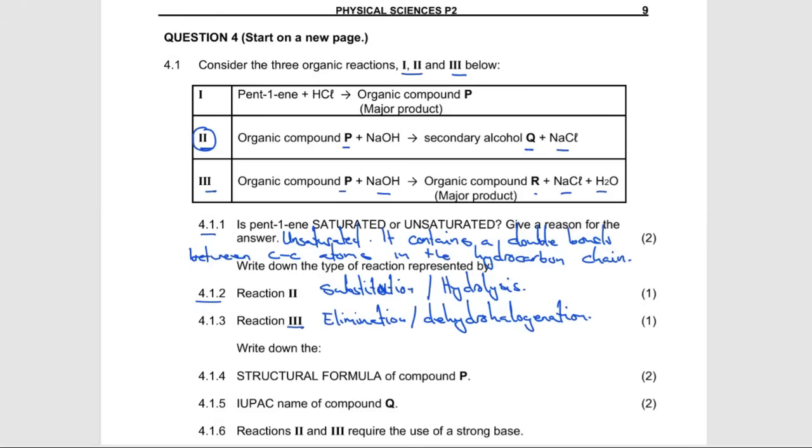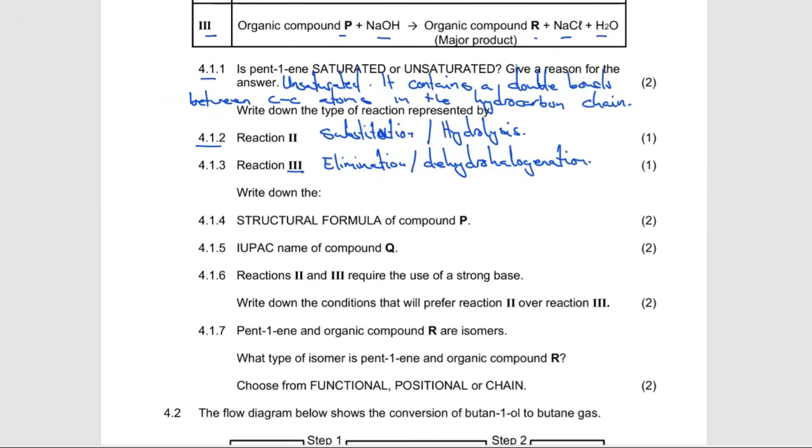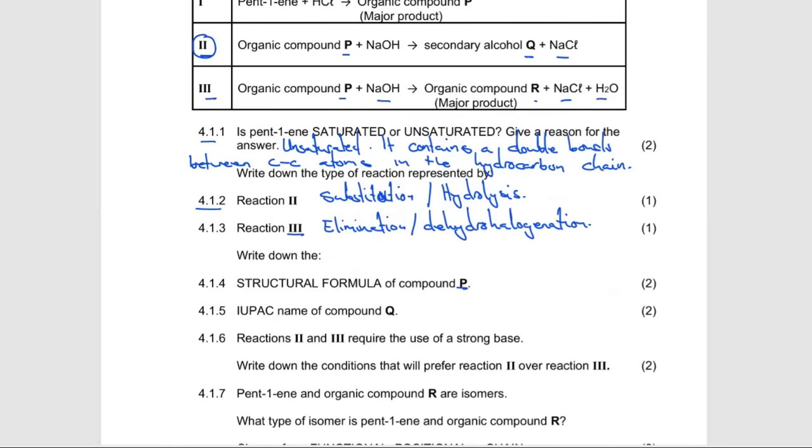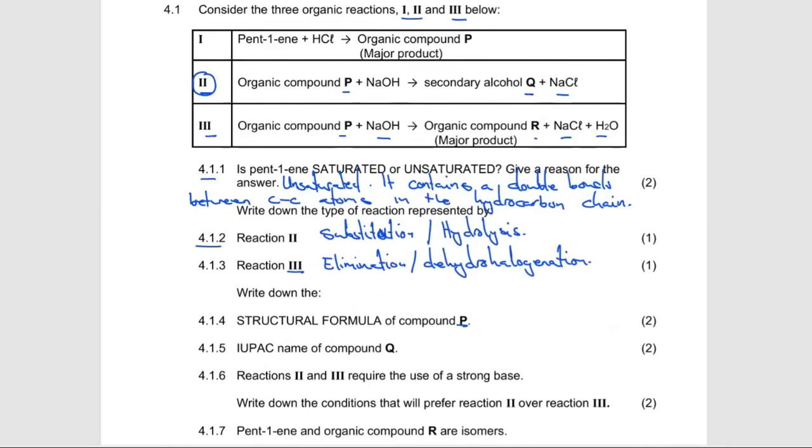Then 4.1.3 says write down the structural formula of compound P. They're looking for the structural formula of compound P, which we started with from the top until we got to number 3. So compound P is going to be our main carbon chain.